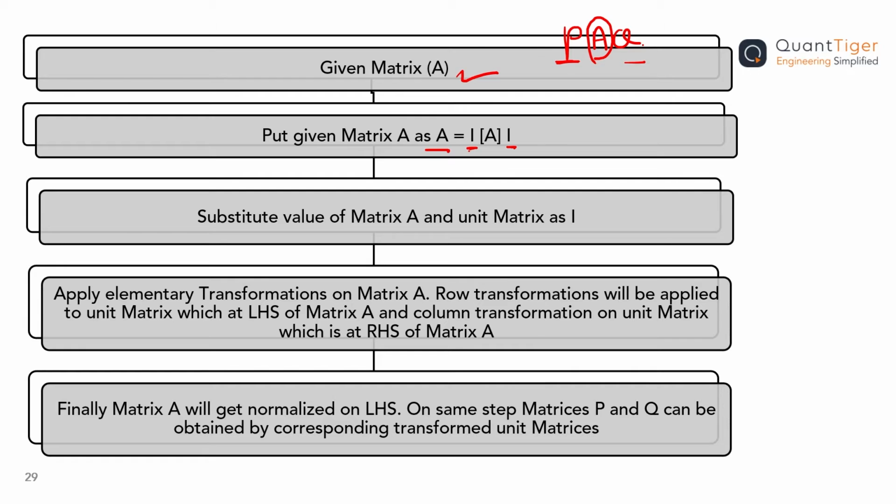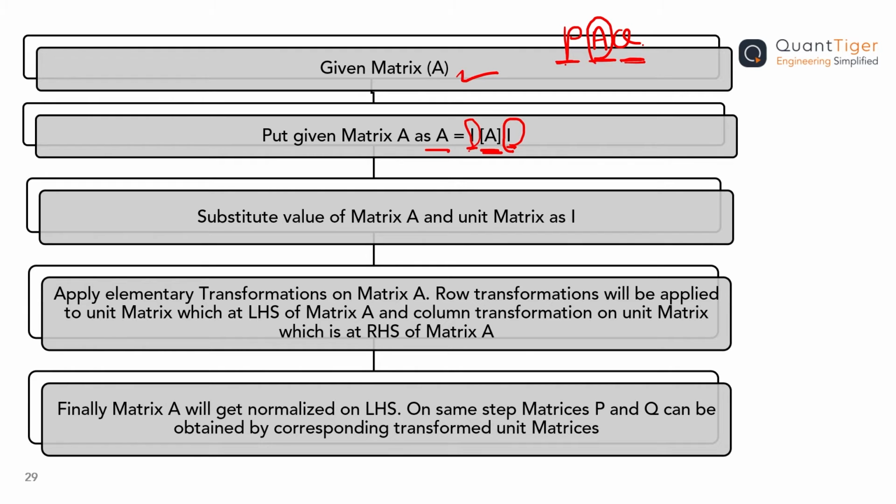P and Q we have to find. So कैसे find out करना है? First of all we have to take diagonal matrix for that. So that's the reason we are taking this diagonal matrix over here. A जैसे है बीच में वैसा ही रहेगा, जो कि given matrix है वो as it is यहाँ पे रखना है. Then Q also we have to find. Right now we don't know what is Q, so first of all we will be taking identity matrix.